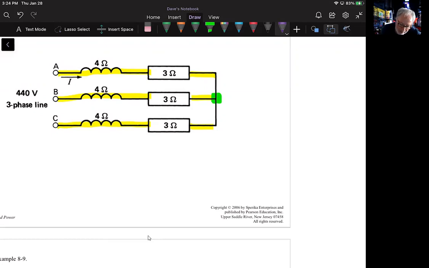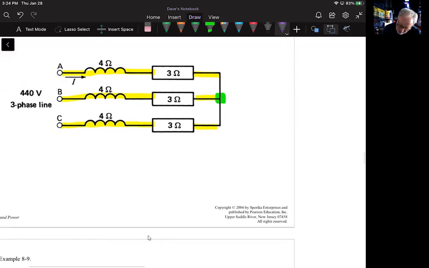I hope you remember how to do this, but for the total impedance in each branch, Z is equal to the combination of the resistor and the inductor. So for this particular one, that would be 3 squared plus 4 squared.